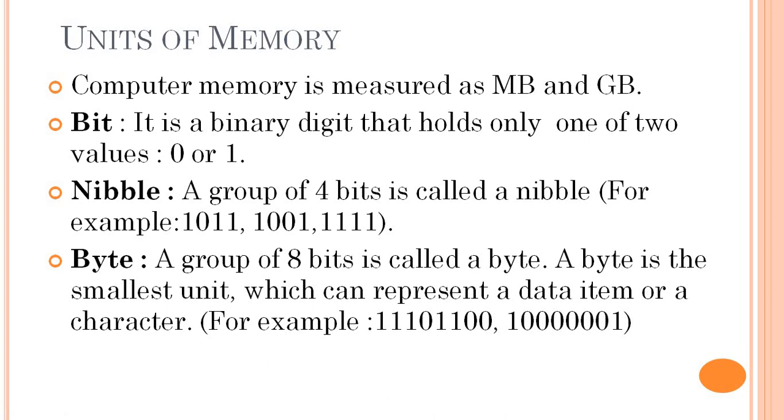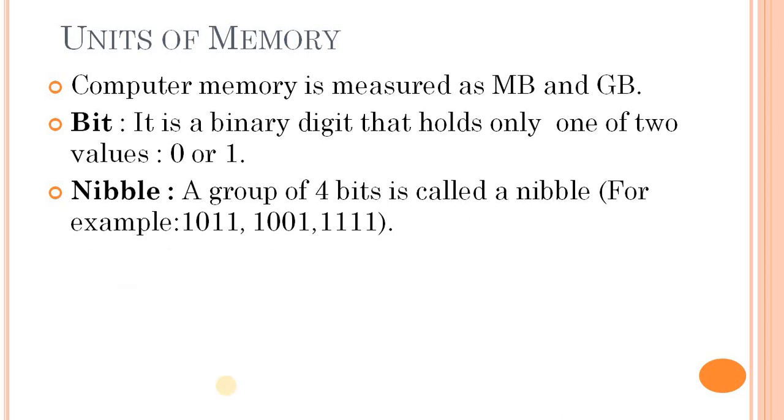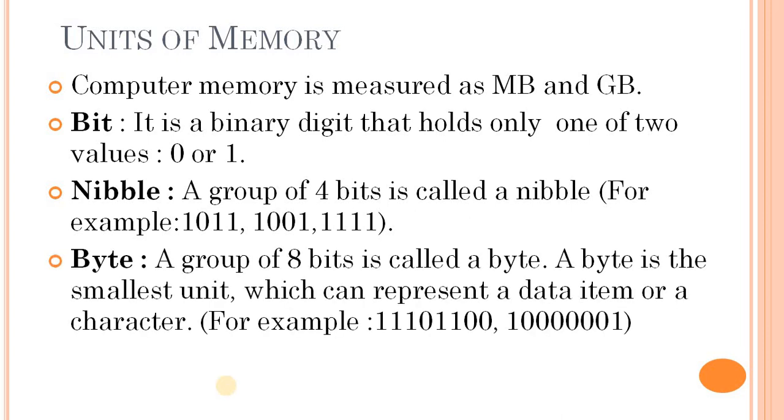Last one, byte. A group of 8 bits is called a byte. A byte is the smallest unit which can represent a data item or a character. So any data or any character that we want to represent is represented in the form of 8 bits, that is a byte.